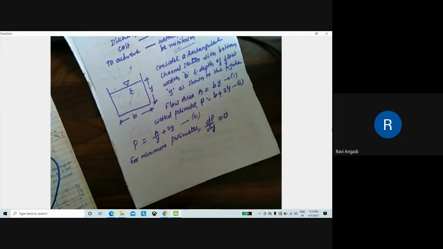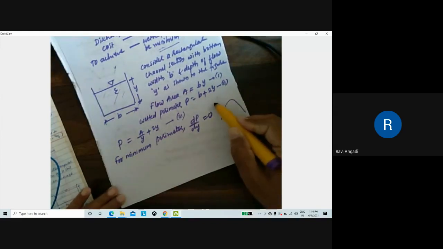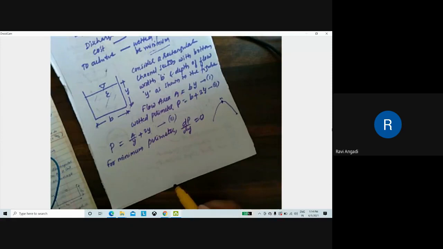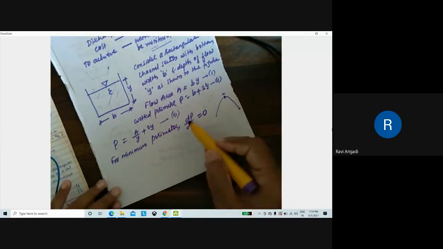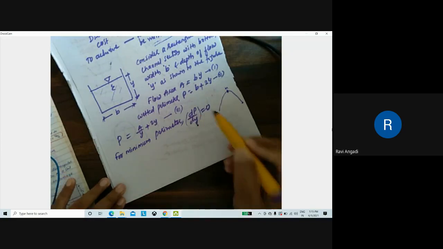The curve will be like this: when it comes here, it is a maximum; when it comes down here, it's a minimum. So the rate of change of perimeter with respect to depth of flow is equal to 0.